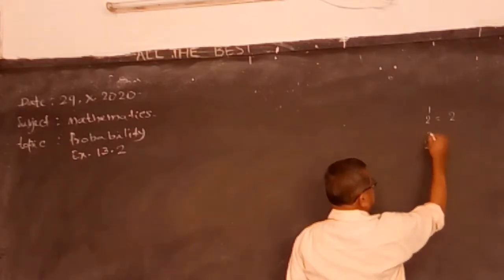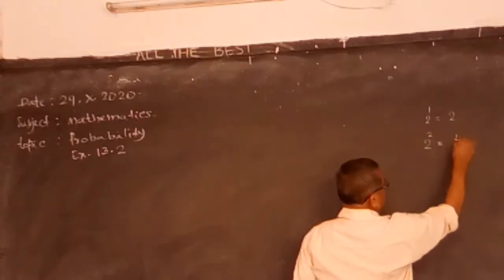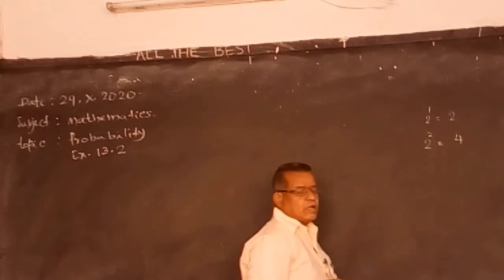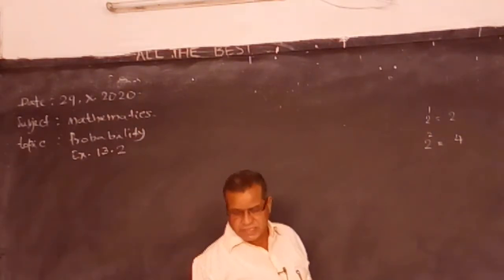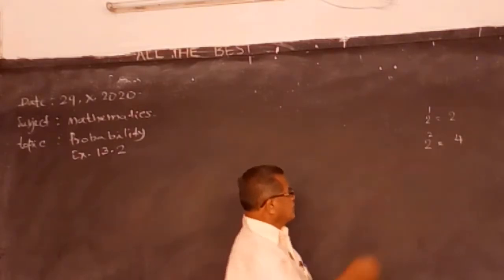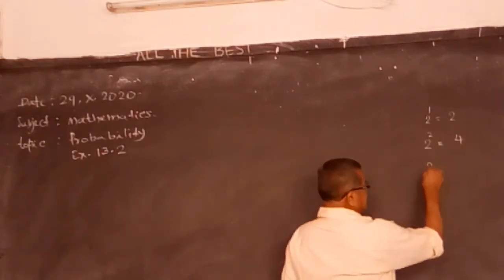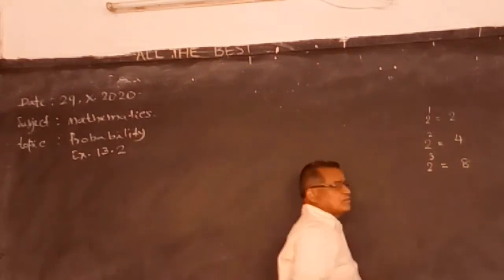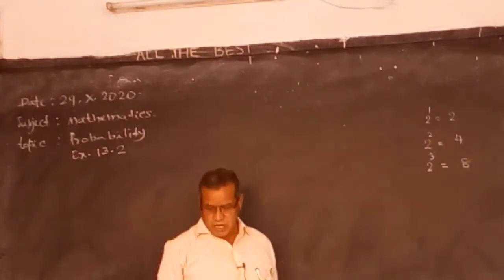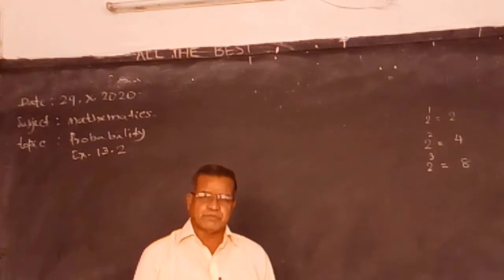Two times, 2 squared, 4 outcomes. How 4, I explained in the previous class. And a coin tossed 3 times, we get total number of outcomes 8. How 8, I showed in the previous class.